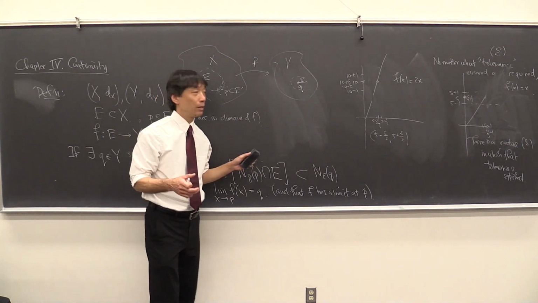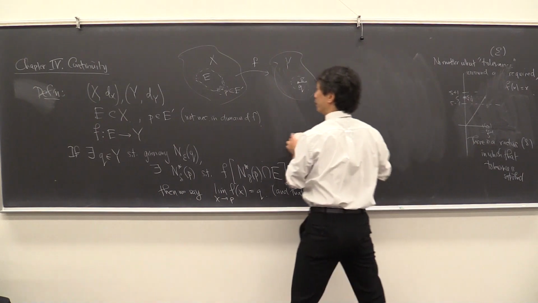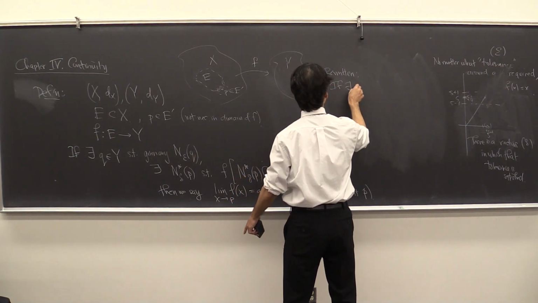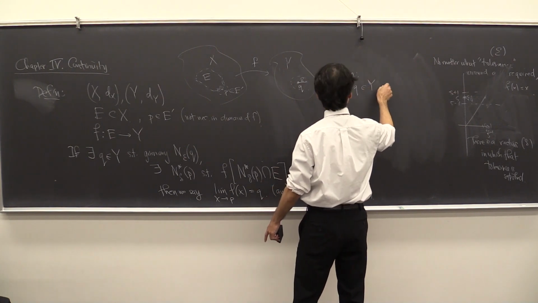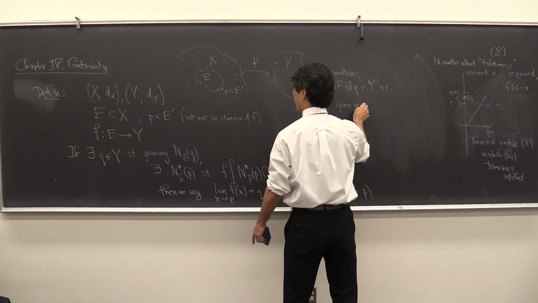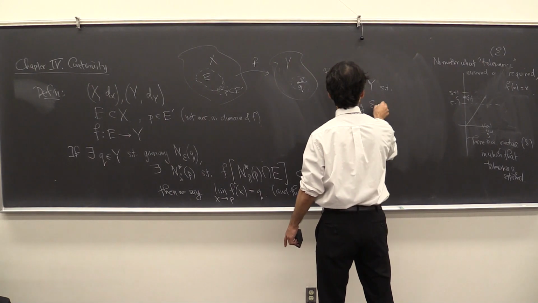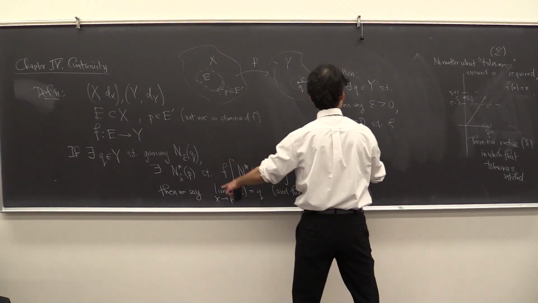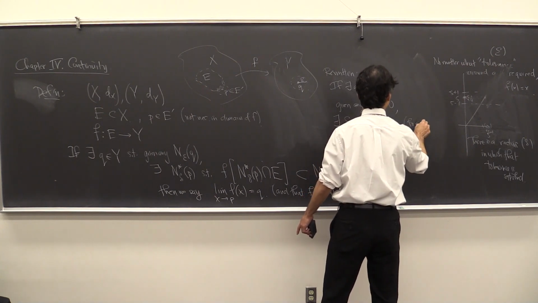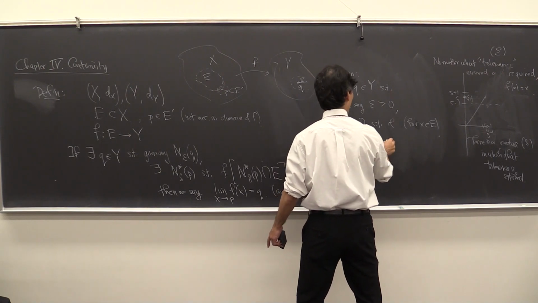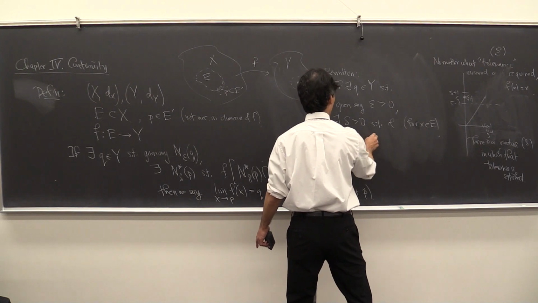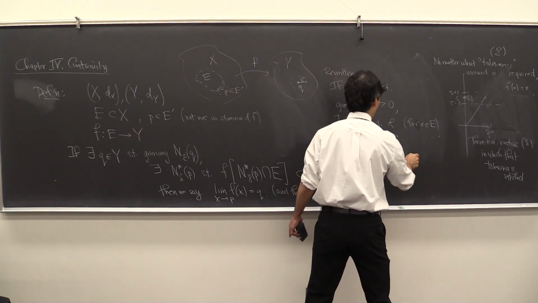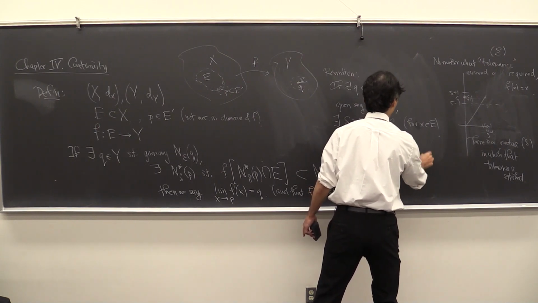Is that kind of making sense? If we rewrite this in terms of the metric: if there exists a Q in the target space such that, given any epsilon, there exists a delta such that if x is in E and the distance of x from P is smaller than delta, this implies that the distance of f of x from Q is less than epsilon.